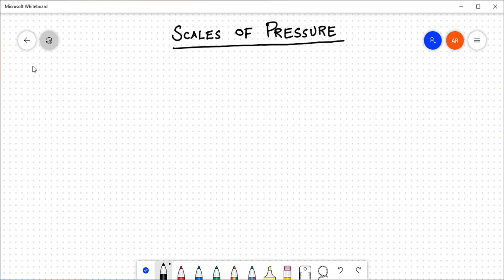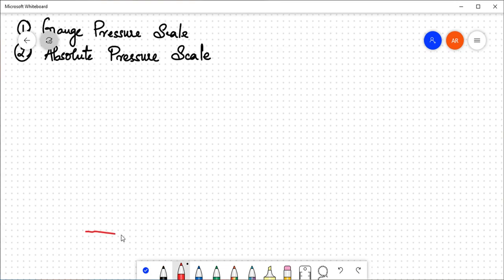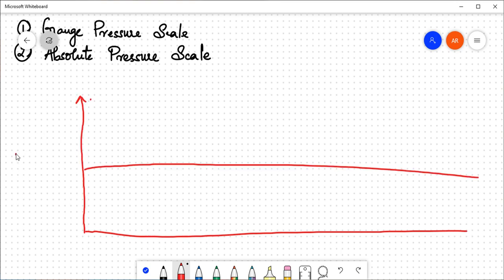Now we will see different scales of pressure. Pressure can be expressed in two different scales. First one is gauge pressure scale and second one is absolute pressure scale. We will consider two reference lines. Y coordinate represents pressure, and the first line represents absolute zero pressure.